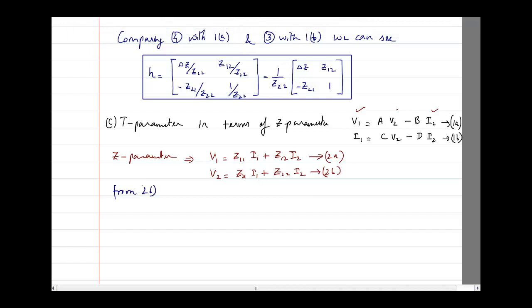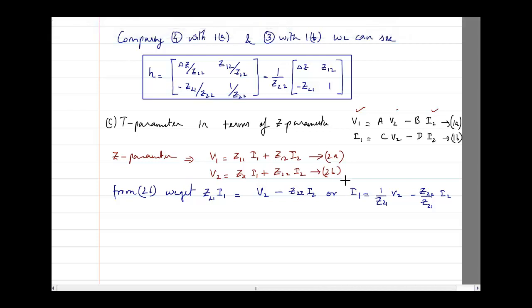From 2b we get I1, or so if I have to write I1, then Z21 I1 is going to be equal to V2 is already there. I take the other term the other side, which is Z22 I2, or I can write I1 is equal to 1 divided by Z21 V2 minus Z22 divided by Z21 I2.